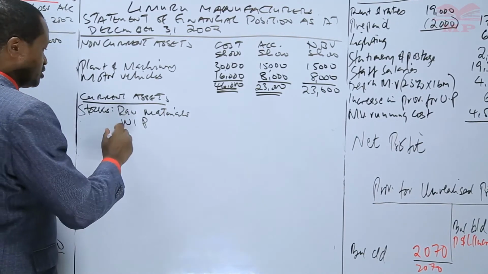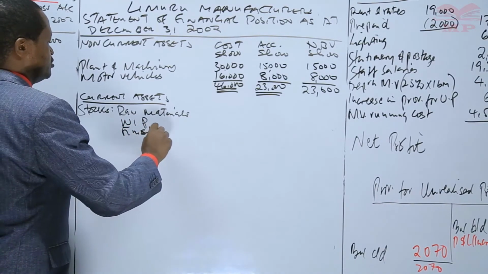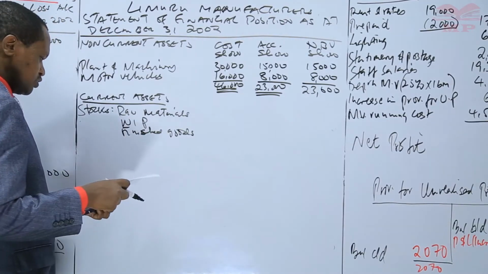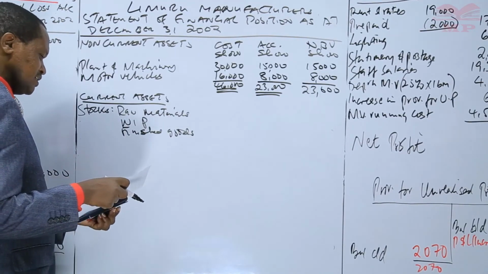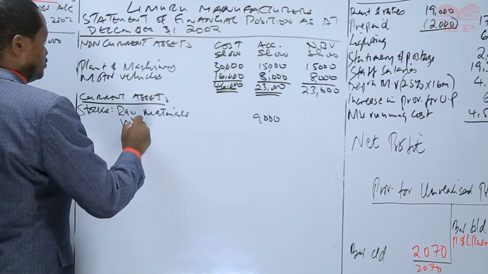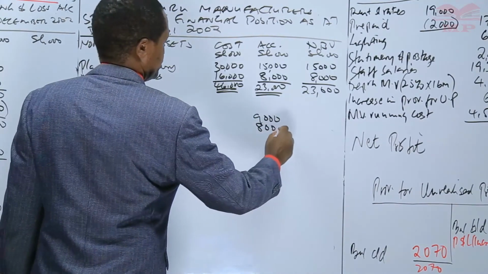We have stocks of finished goods. So the stock of raw materials at the end, 9 million. The cost of work in progress, 8 million.